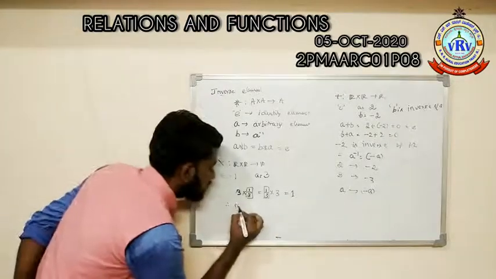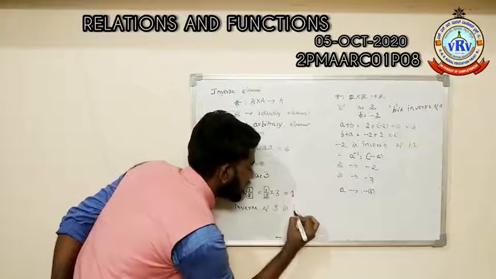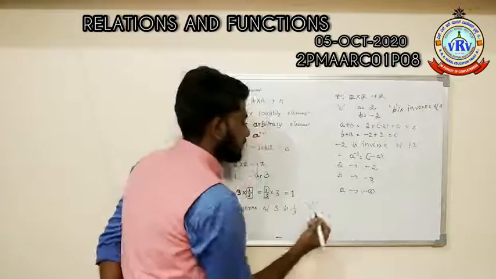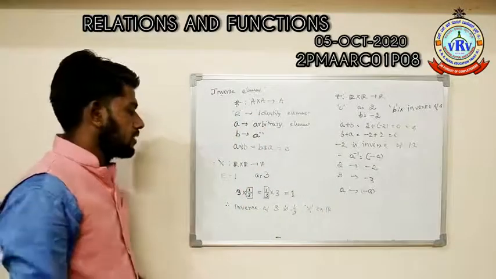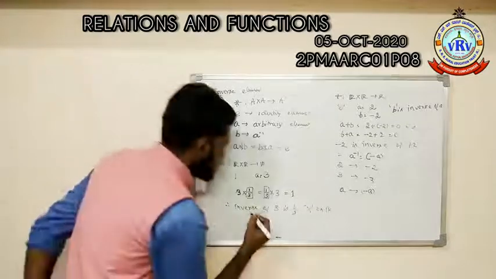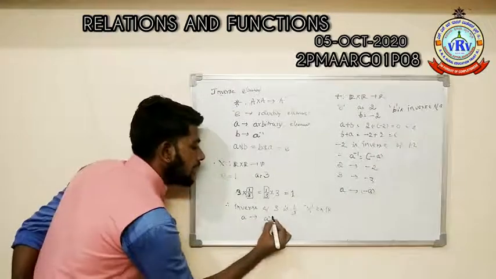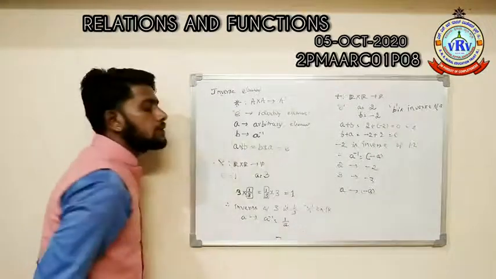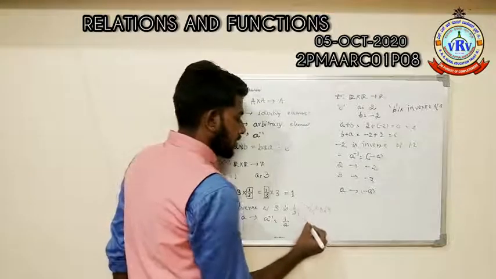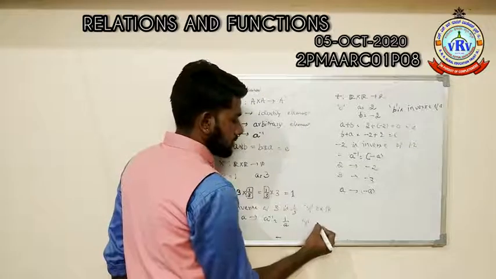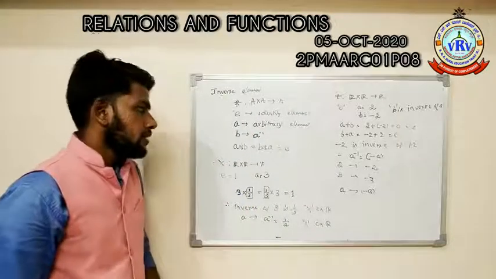Therefore, the inverse of 3 is 1 by 3 under multiplication on the real number set R. In general, I can tell for A, the inverse is equal to 1 by A under the binary operation multiplication on the real number set R.